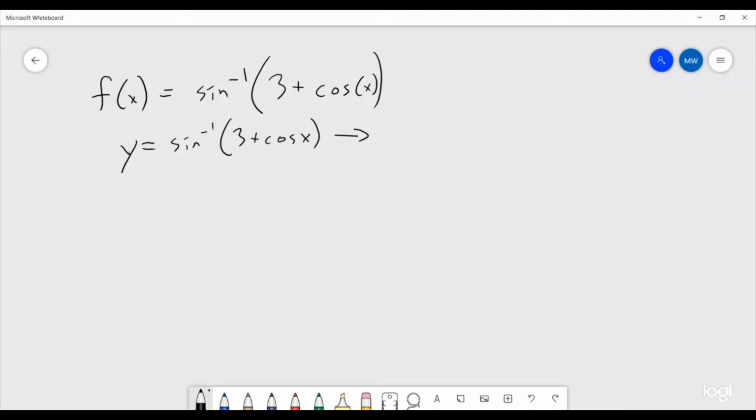So that tells us that sine of y equals 3 plus cosine of x. And we are going to do implicit differentiation here as well. So actually, let's change the sine to inverse tangent, just so that we don't use the same trig function we did last time.